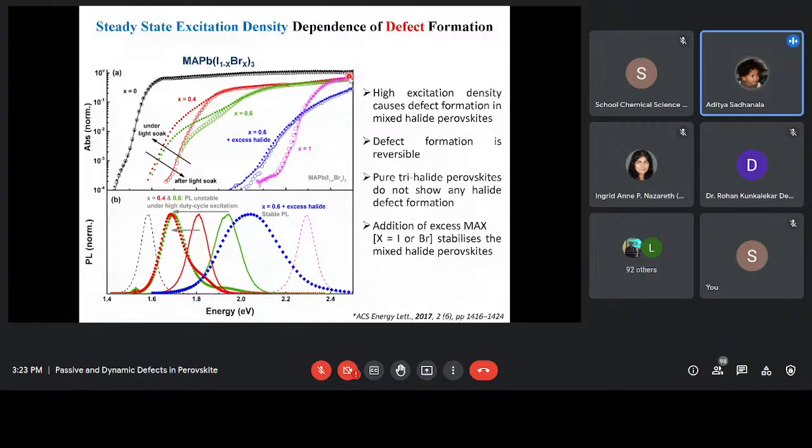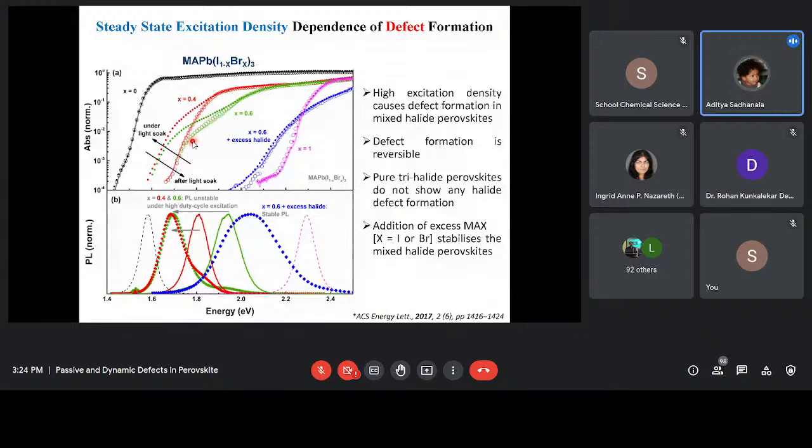Okay. But in between, where you basically had a mixture of iodine and bromine, where x equal to 0.4 for this red sample, and x equal to 0.4 would give you around 40% bromine and 60% iodine in the perovskite. When you have such a sample, or you have x equal to 0.6, where you have 60% bromine and 40% iodine, what you find is the absorption before any solar illumination, the sort of hollow dots that you see, is following this trend here.